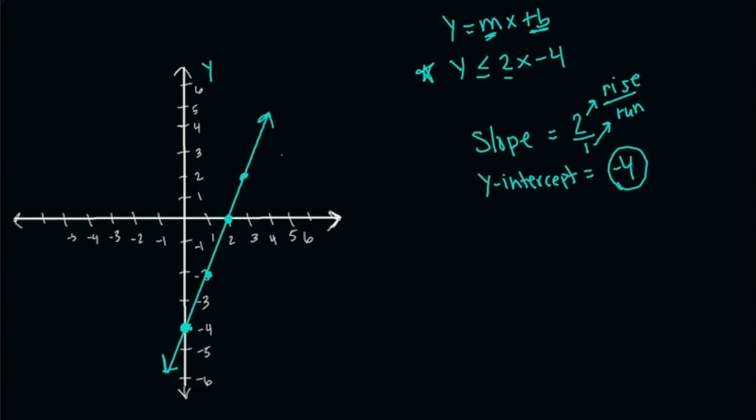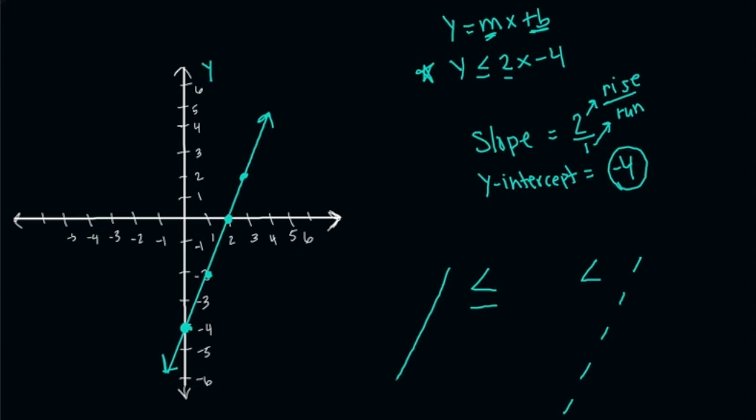But this is where the difference of an inequality comes from. In an inequality, we use greater than or less than symbols, and sometimes an equal sign. So this is less than or equal to, and your line is going to be solid. If this was less than only, without an equal to sign, this is when our graph of the line would be a dotted line.